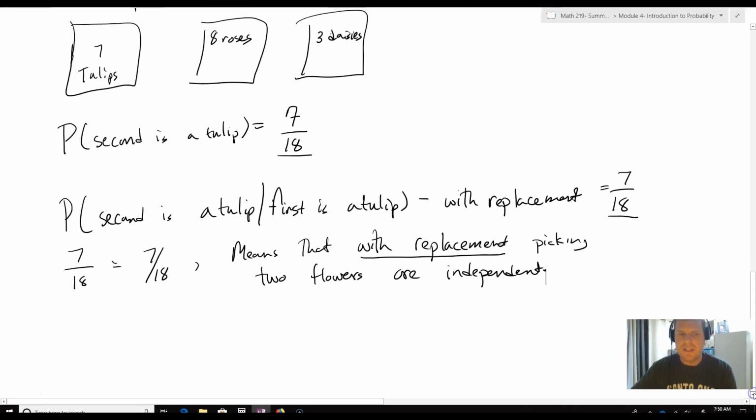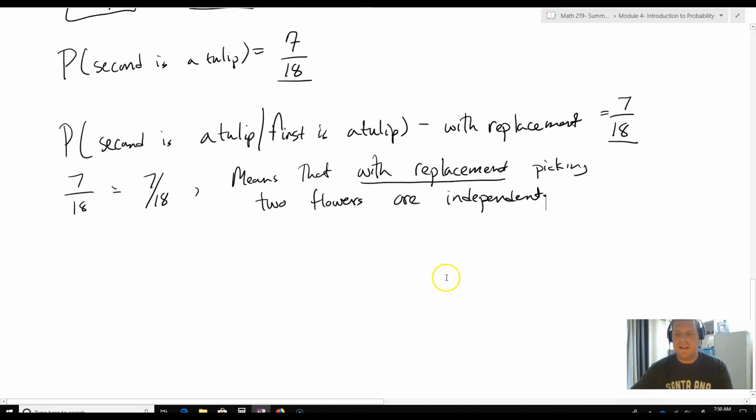Now, what I should state is that we have a lot of trials or experiments in which this happens automatically. For example, flipping of coins. Okay. So let's say, for example, our experiment is flipping a coin twice.